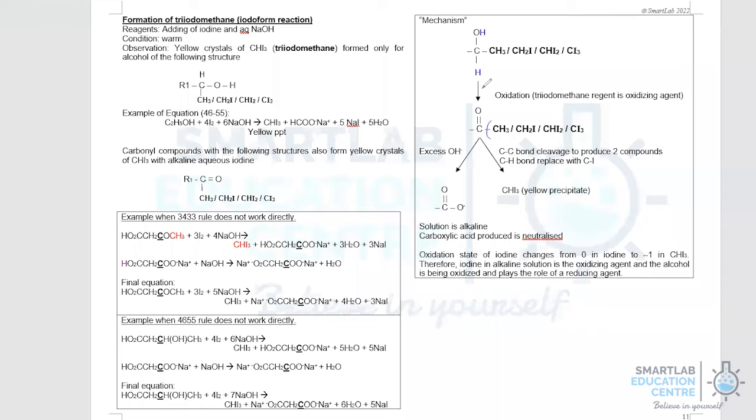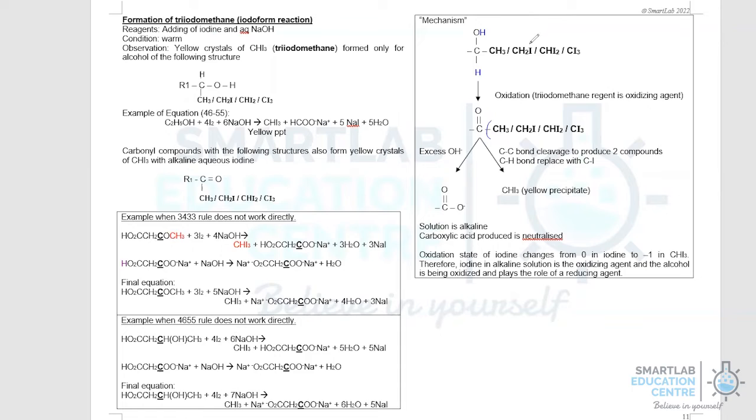This is a continuation from where we left off in our discussions on the Iodoform test for alcohol. A quick recap: in the presence of iodine and NaOH, which are oxidizing agents, the first thing that happens is the alcohol will oxidize to form your ketone or aldehyde, and from there, each of the hydrogens is then replaced with iodine until eventually they form CI3, and this bond will start cleaving, forming CHI3, which is a yellow precipitate, and consequently, this will then become your carboxylate, given that the medium is alkaline.